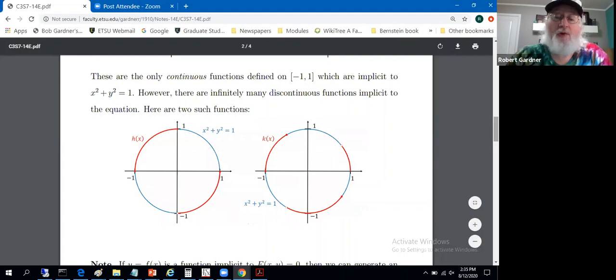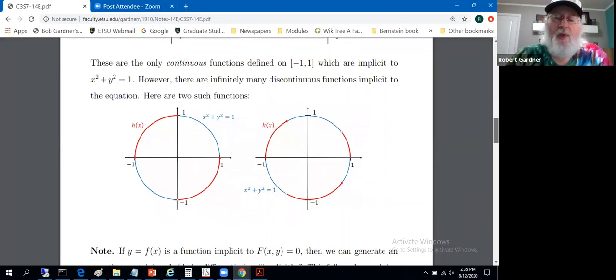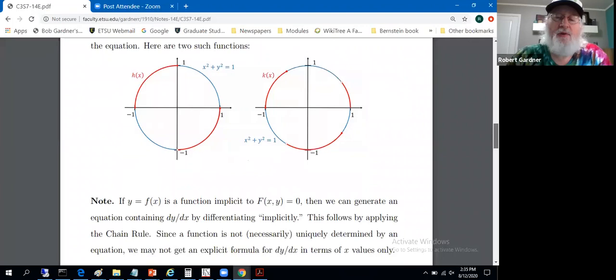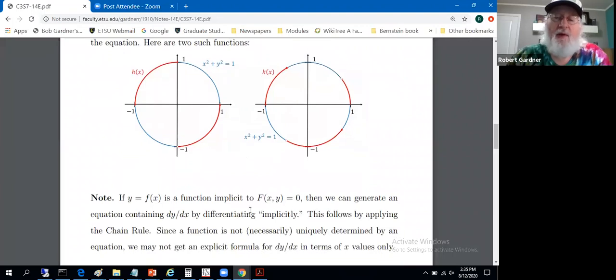So if you're told y is a function implicit to the equation, however it's expressed, you can't tell what the function is necessarily. Sometimes you can just solve for y in terms of x unambiguously. Other times you have to settle for the fact that y is a function implicit to some equation.